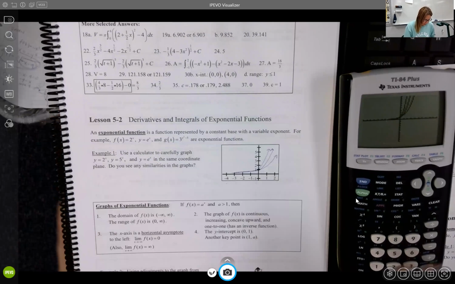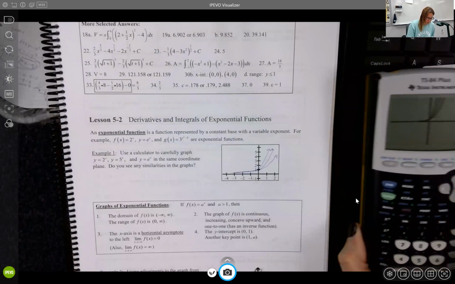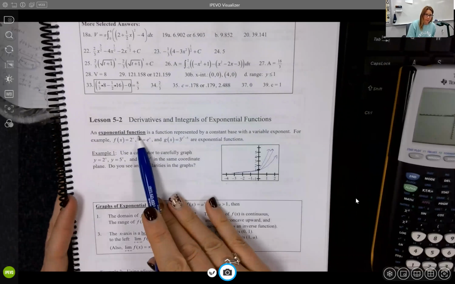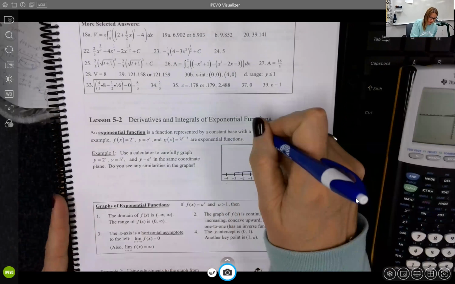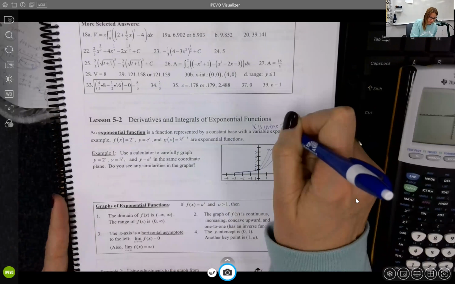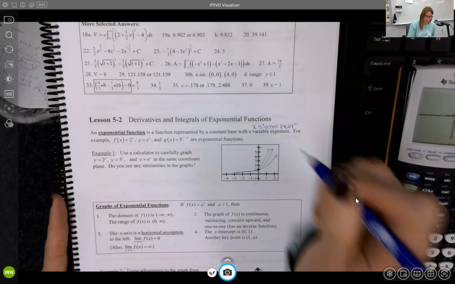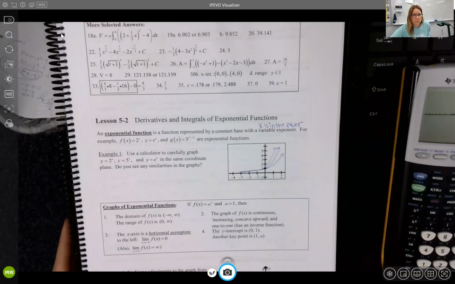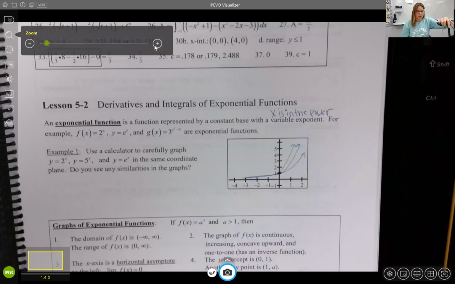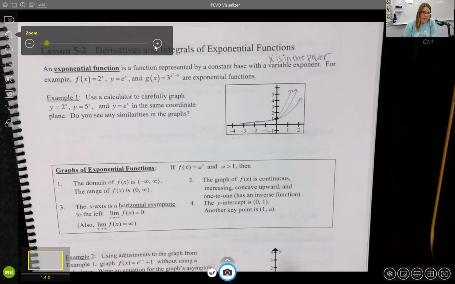When we do an exponential function, it's always going to be a base with a variable exponent. So x is in the power. Anytime there's an x in the power, it's going to be exponential. To graph an exponential function, we are always going to have a domain of negative infinity to positive infinity.